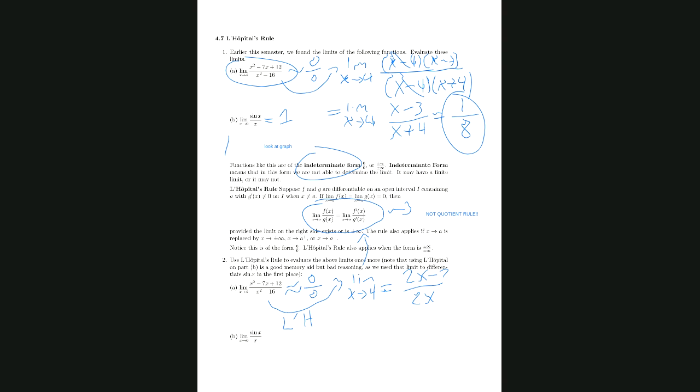All right. And now we can just plug in 4 again. So now when you plug in 4, on the top you'll get 8 minus 7, which is 1. And on the bottom, if you plug in 4, you'll get 2 times 4, which is 8.